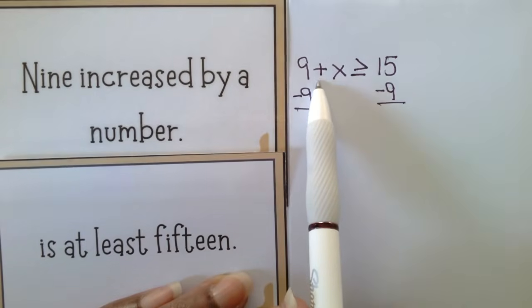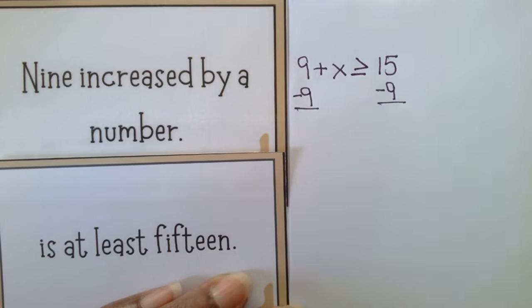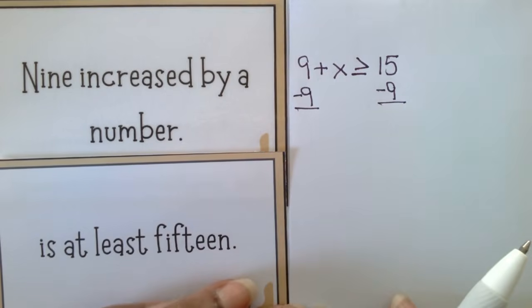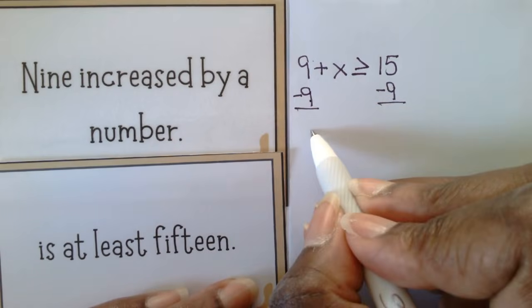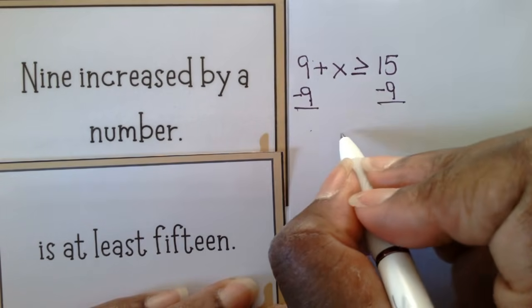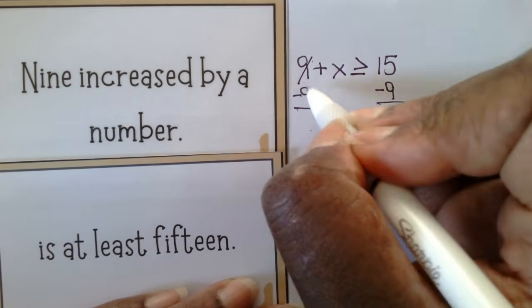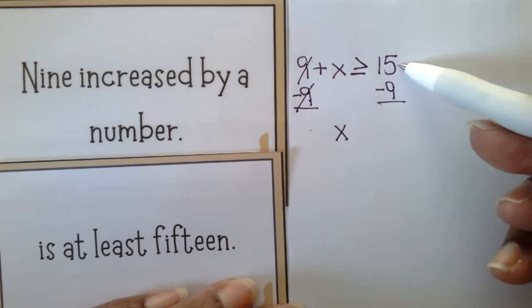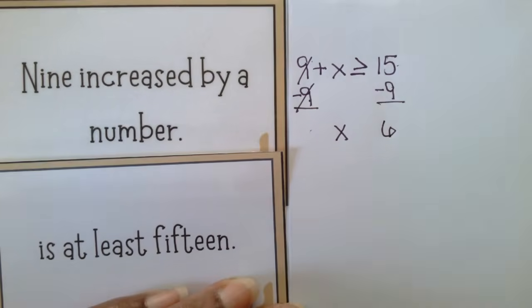This plus sign is acting as a positive for the x, not the 9. A lot of people have a tendency to mess that up. So now 9 minus 9 gives me 0, and I don't need the 0 as a placeholder because I still have this 1x that comes down. They cancel. But then 15 minus 9 gives me 6.